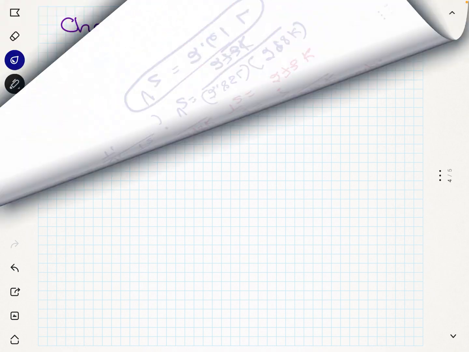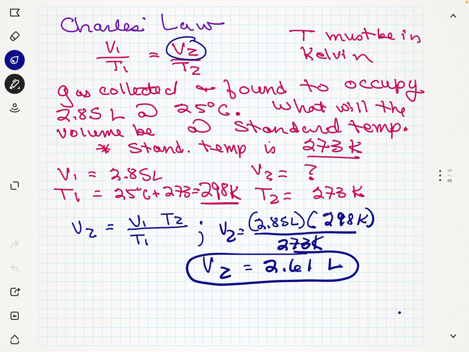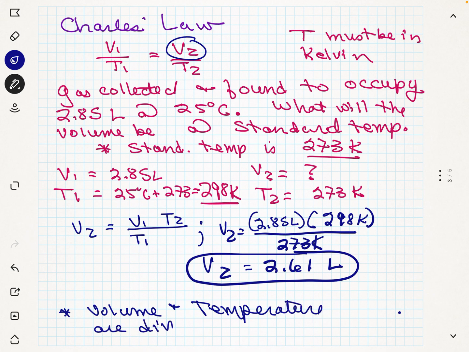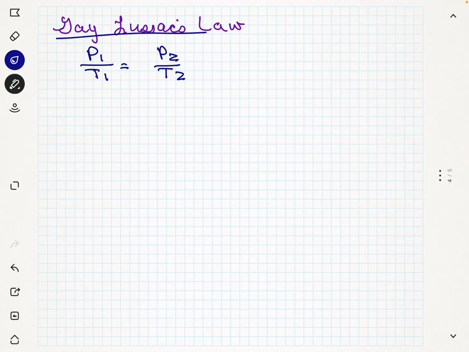I should have mentioned for Charles's law, this tells us that volume and temperature are directly related. That is a direct relationship. For Gay-Lussac's law, P and T are also directly related.